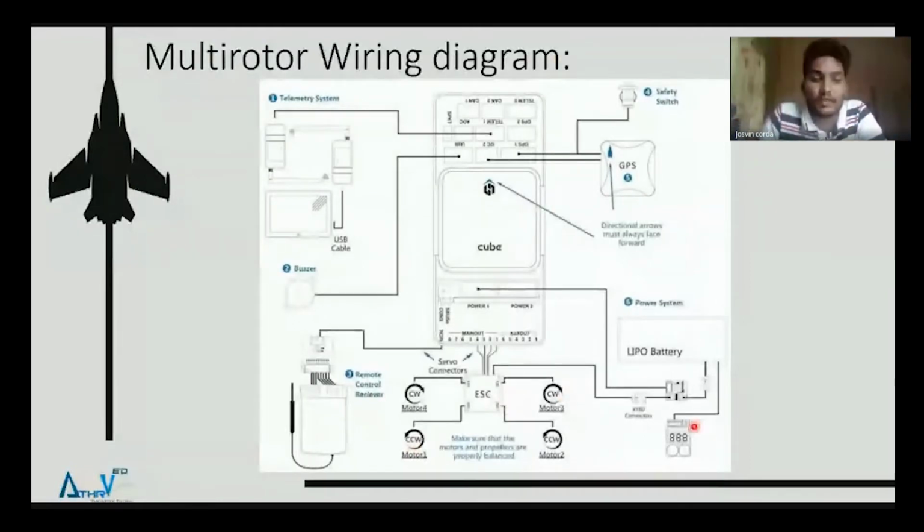That is, the flight controller will say which is motor 1, which is motor 2, motor 3, motor 4. You have to connect those motors accordingly, because if you mismatch those connections, the flight controller will think you have matched it correctly. But if you have matched it wrong, there's a high chance that it will flip out or it will not take off at all.